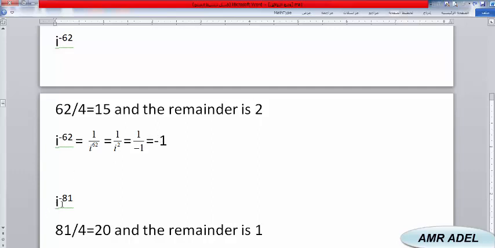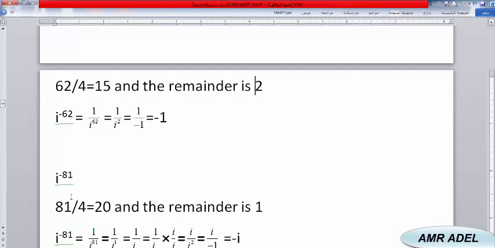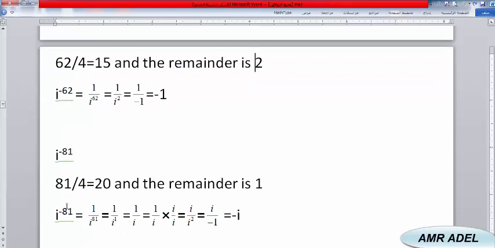Now look at this example. i power of negative 81. Directly, as we know from before, make it upside down to remove this negative. It will be 1 over i power of plus 81. Take this 81 and divide by 4. The result will be 20.